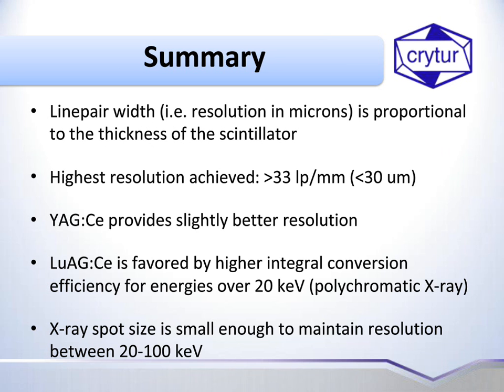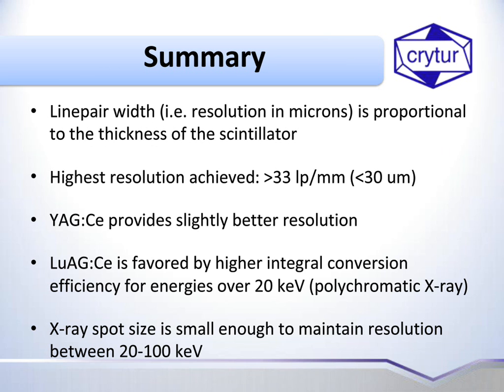The highest resolution achieved was over 33 line pairs per millimeter, which is better than 30 microns, and it's the same as Colin showed in the graph, that Zyla has a resolution over 33 LP per millimeter. So it tells us that the scintillator, if it's very thin, is not a limitation of the system. It has some effect, but it will not deteriorate the resolution that much if the screen is very thin.